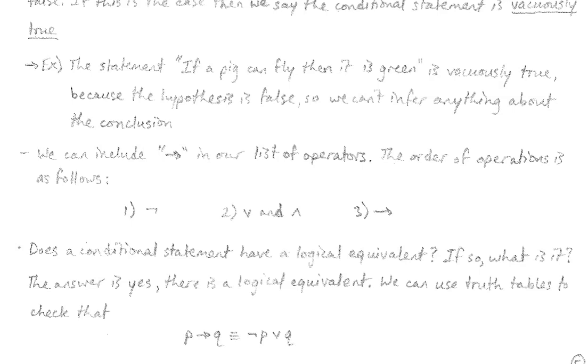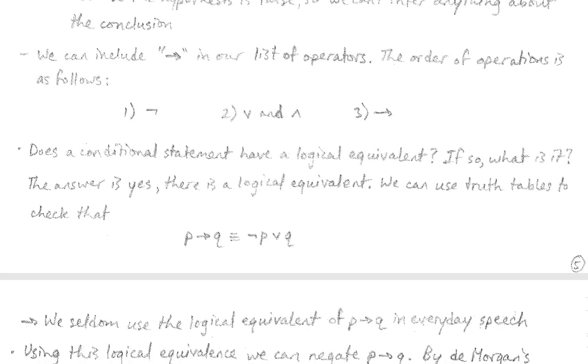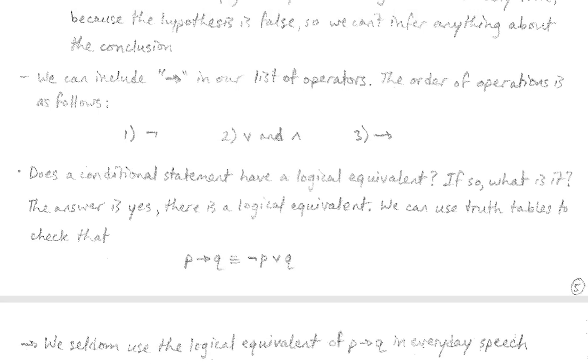And this form all on its own, this not P or Q, we don't typically use that in everyday talk. Just as a quick case in point here, if I take the statement, if it is 100 degrees outside, then I will be inside.